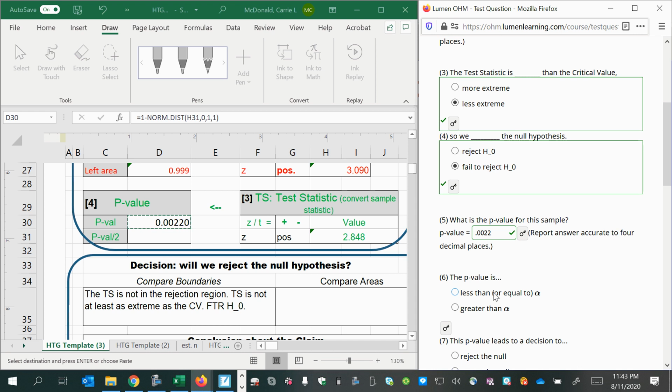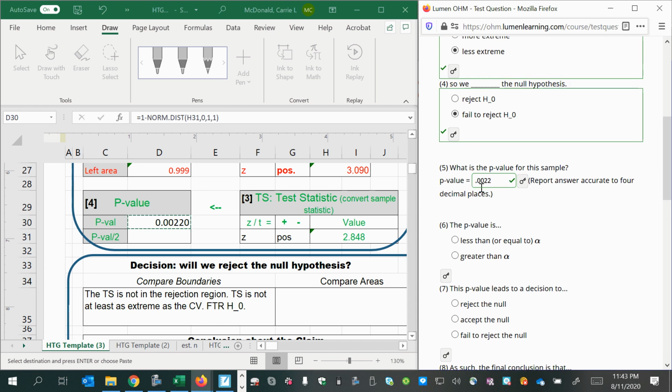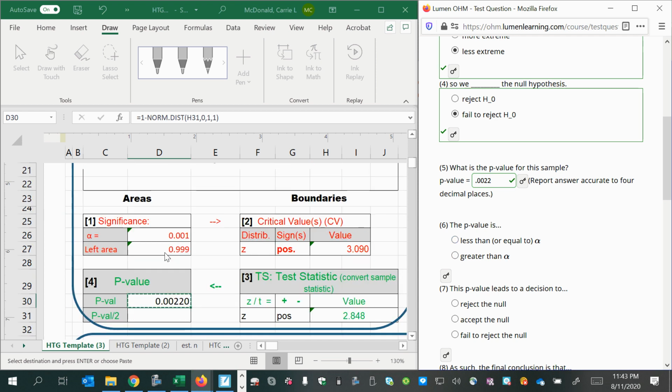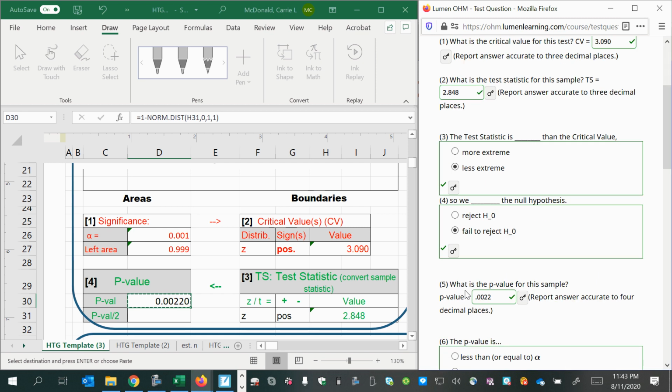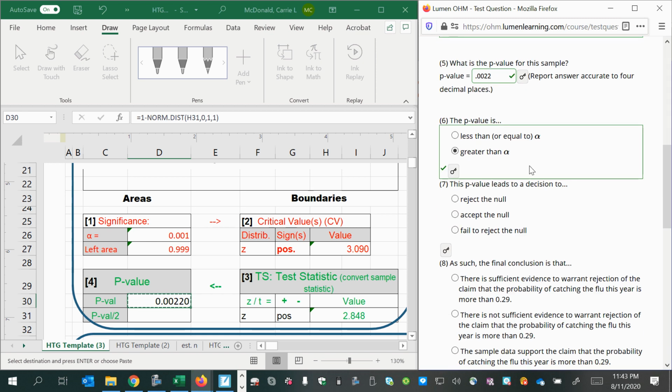Okay, and then we want to compare that p-value to the significance level alpha. So is the p-value less than or equal to alpha, or is it greater than alpha? Alpha is 0.001. 0.002 is greater. So we will say greater, and that means that we fail to reject the null hypothesis, because the probability of getting the sample statistic is not rare, basically.